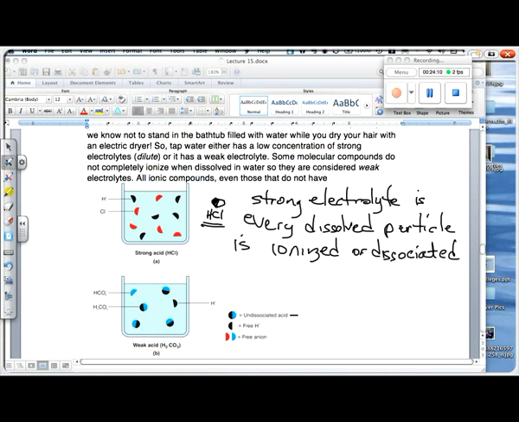And then your black circles are the H pluses, and the free anion is your blue, in the case of the hydrogen carbonate ion. Up here, every single particle ionizes or dissociates. With a weak electrolyte, only a few dissolved particles are ionized or dissociated. And that's what a weak electrolyte is.